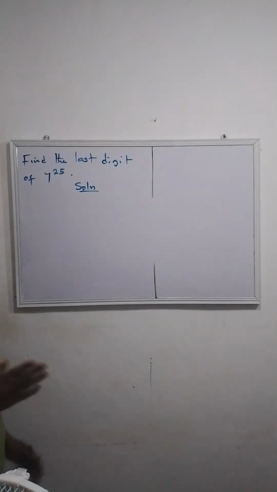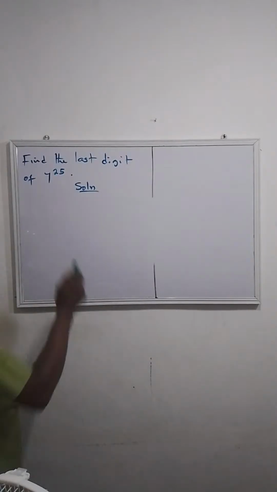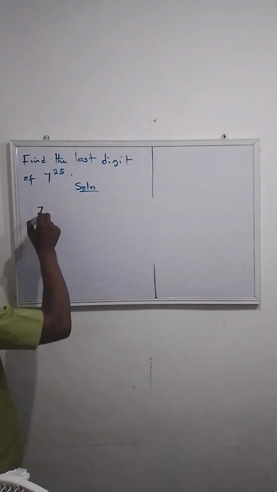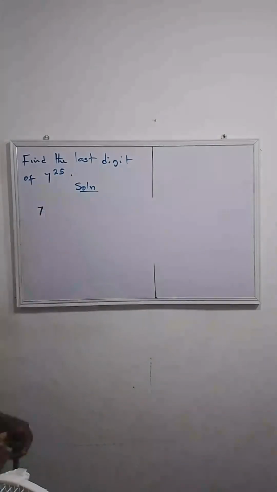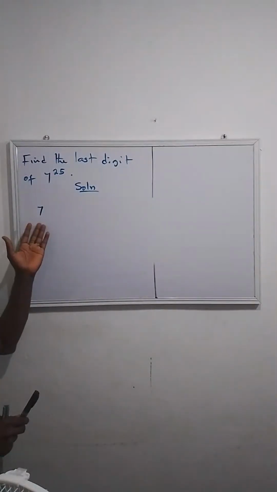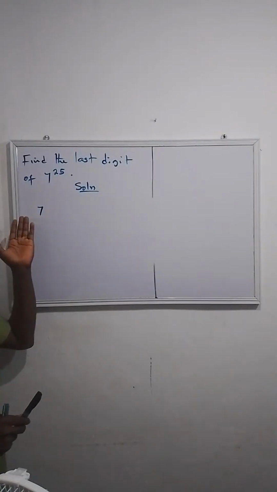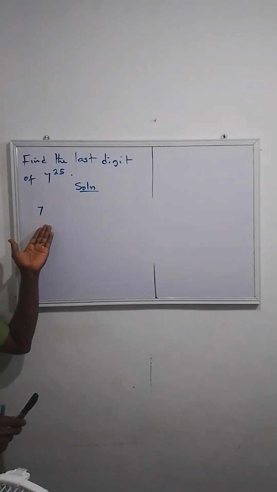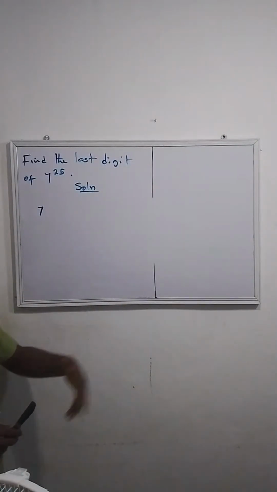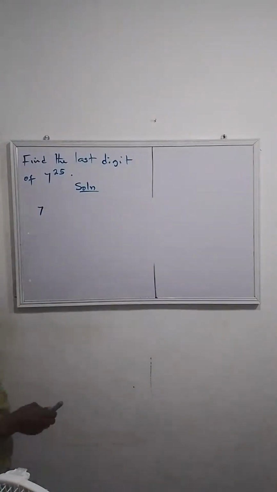Now, just like we did in the previous question, we pay attention to 7. So we write 7. What we want to do now is just to find all the last digits of any number that ends with 7. Okay, so we want to find the last digit. So that's what we're going to do. So now let's look at it.